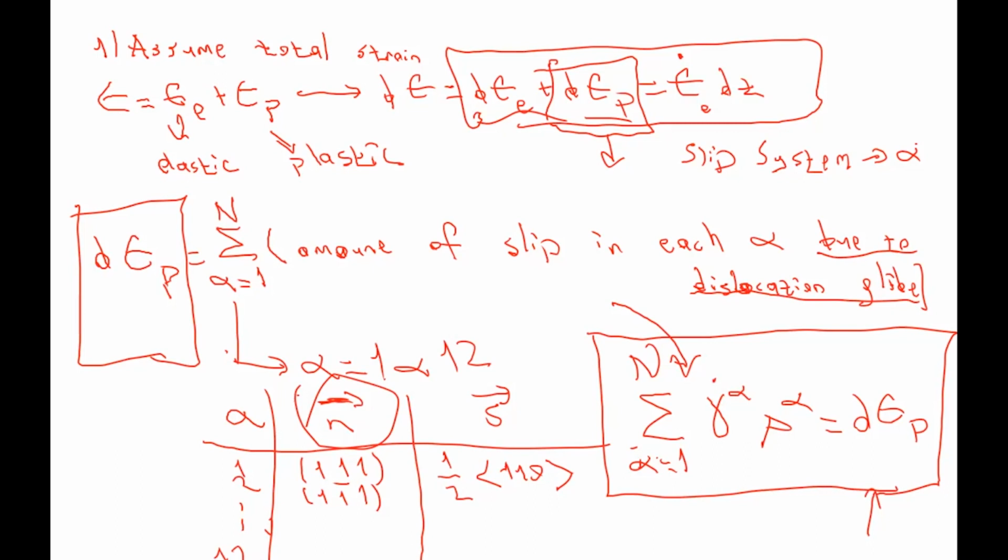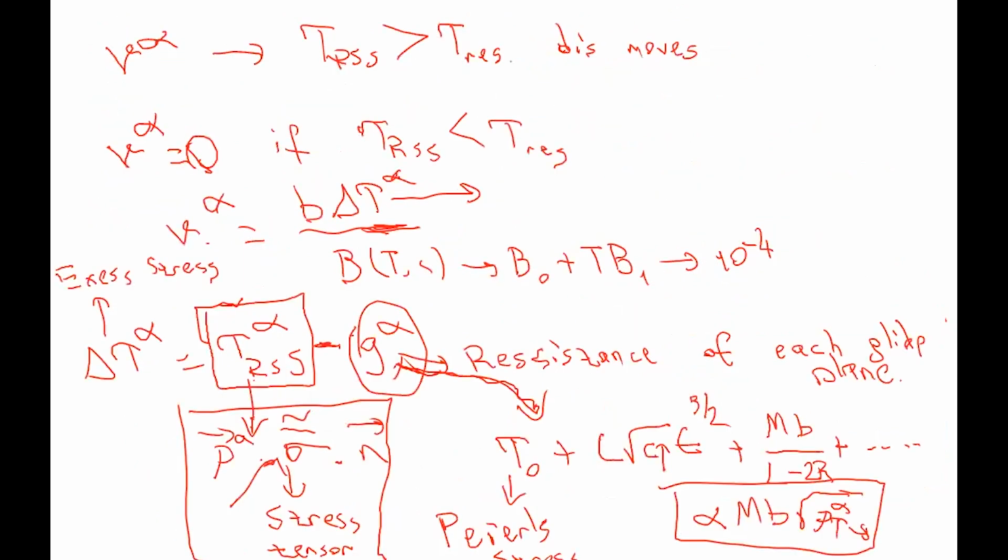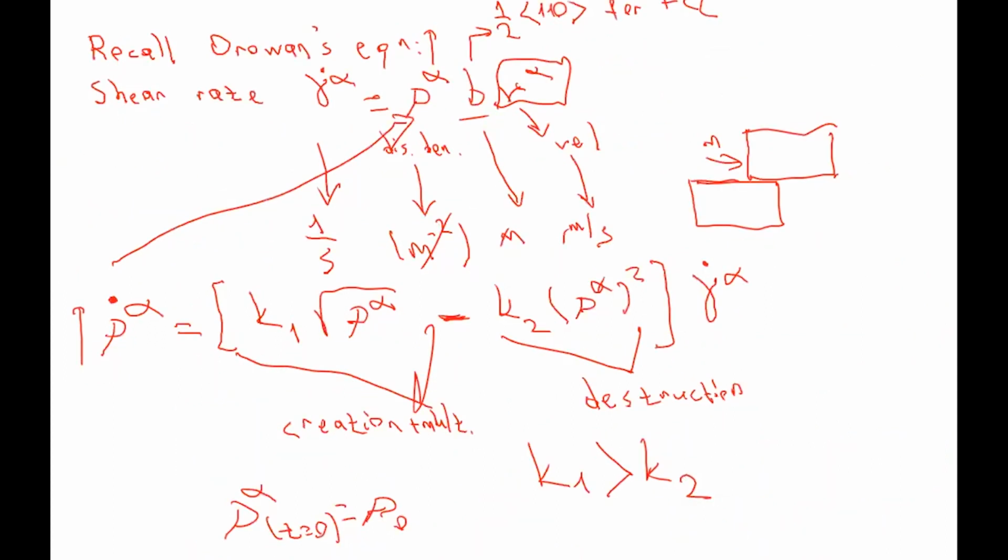Let's do it again. So we are in the elastic region, and the lattice resistance is greater than the resolved shear stress. So we are at this point. Then we don't have any velocity. If the velocity is 0, then we don't get any shear rate.